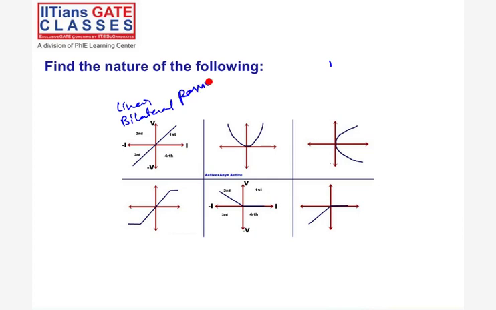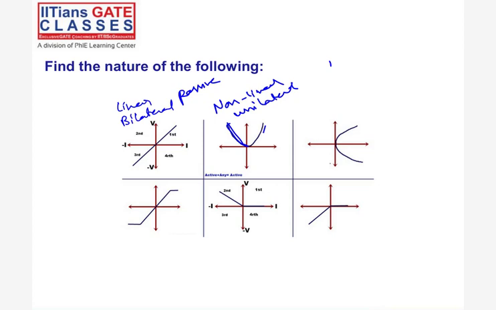So this one is again non-linear, directly, because it is not one equation. Non-linear, and it is unilateral. This has a negative slope, so this is an active element.